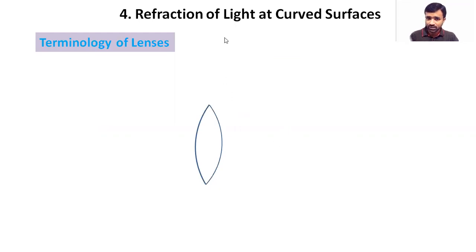Suppose I extend the curvature of the surfaces like this. What do you see? It is a part of a sphere, because it is three-dimensional. So what about the left surface? It is also part of a sphere.